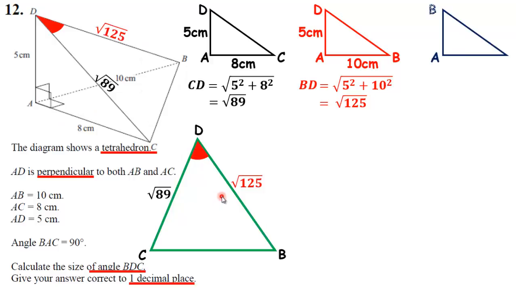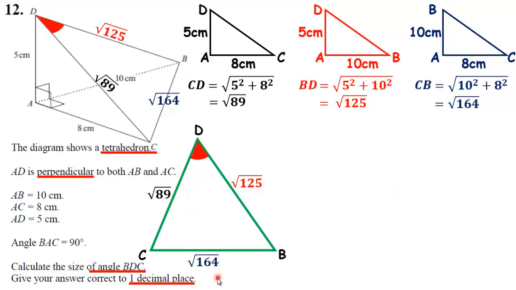We know that AB, this distance across here, is 10 centimeters, and AC is 8 centimeters. So I could work out BC: 10 squared plus 8 squared, and square root all of that. That's going to give me the square root of 164. And again, I'm going to put it on my triangle.